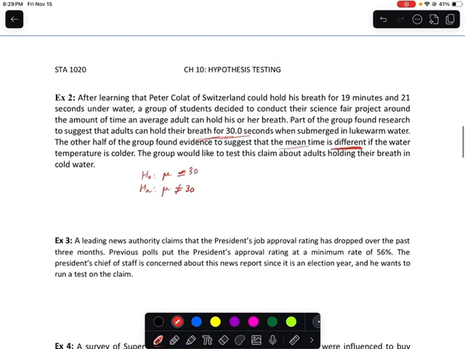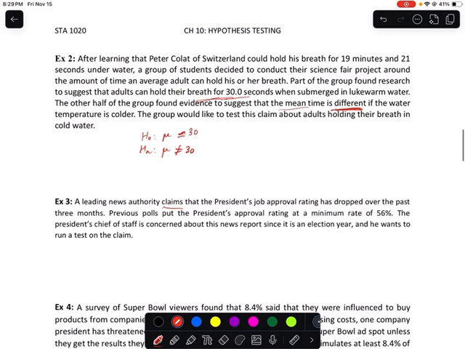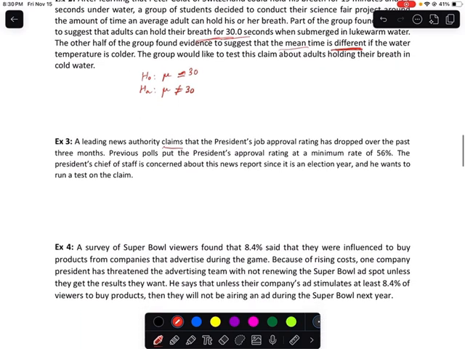Okay, next one. A leading news authority claims that the president's job approval rating has dropped over the past 3 months. So this is a claim, the news authority is making the claim. Previous polls put the president's approval rating at a minimum rate of 56%.